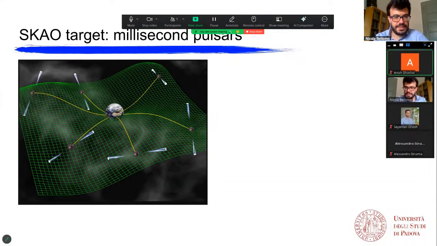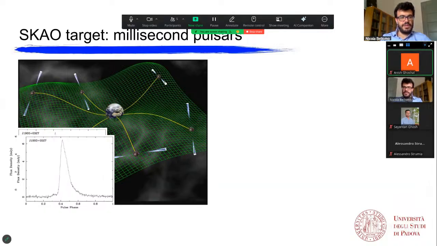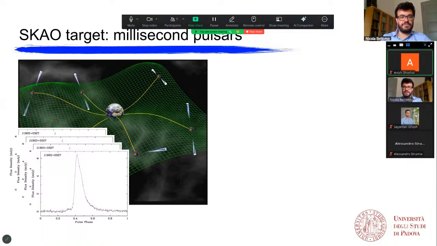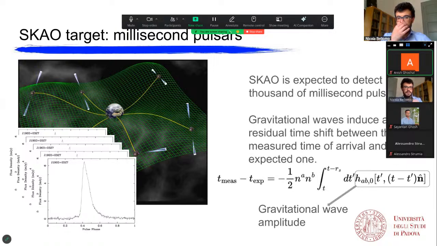So the general idea is that for each one of these pulsars, we detect the emitted pulse, and we detect it over the span of many years. Once we have detected this signal, we can start building a timing model. A timing model is a model that gives us an idea of when to expect the next pulse in the series.